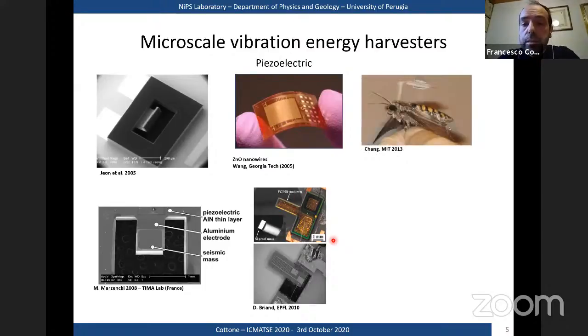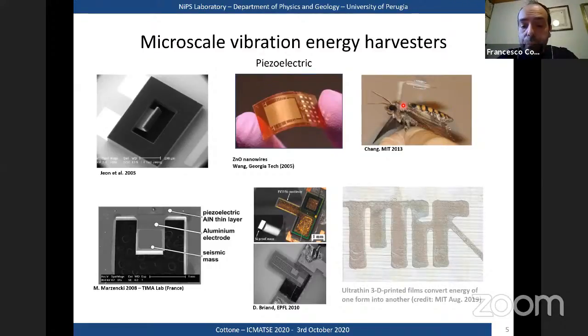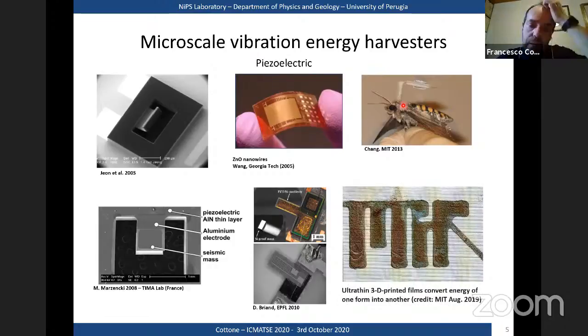This is another example of a piezoelectric energy harvester mounted over a moth, and so the vibration of this animal generates power, and so this can power, for example, some miniature sensor that can be integrated to the animal, to the fly.